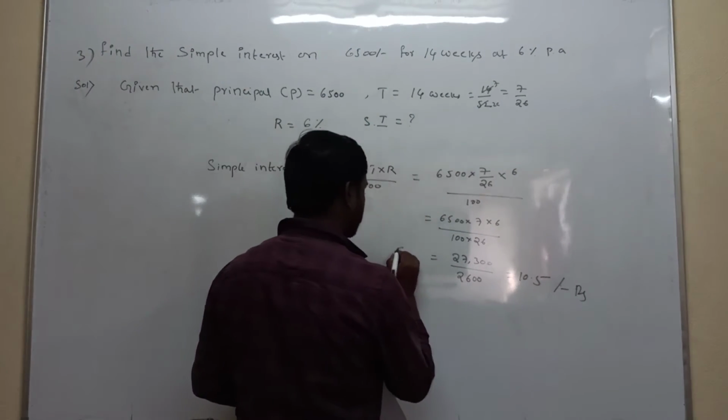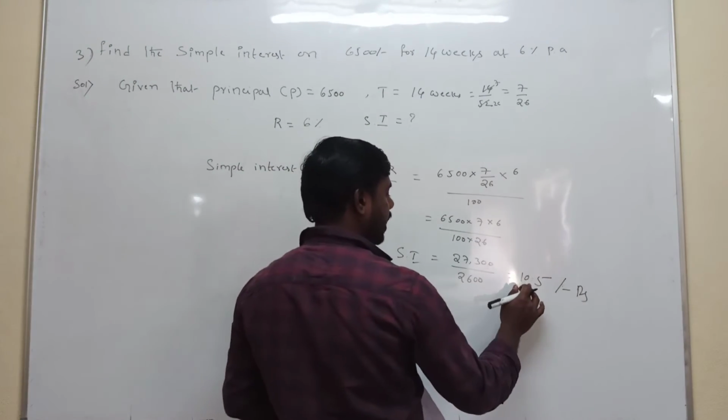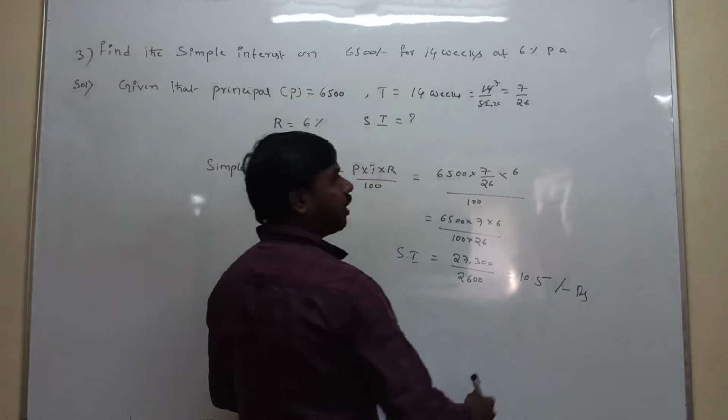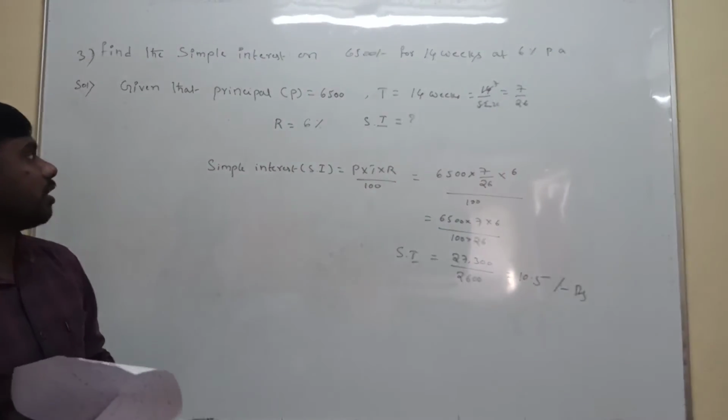So the simple interest, the required value, is 10.5 rupees per annum. This is the required solution.